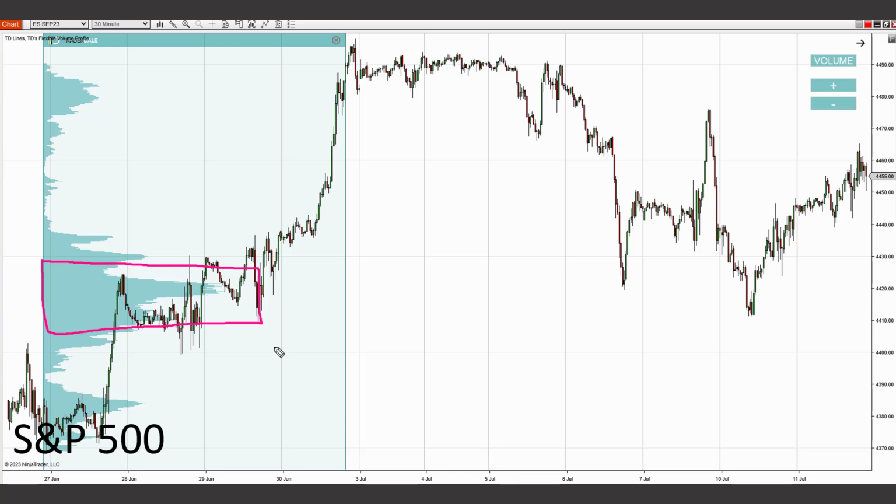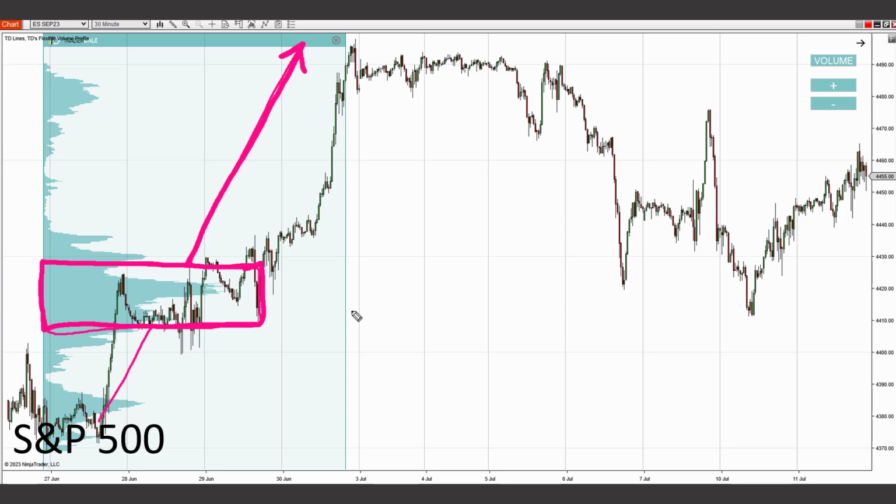But if we read the context, then we can see that there were massive volumes accumulated within an uptrend. This is telling us that strong institutional buyers were adding to their long positions in here and then manipulating the price in this uptrend. So those are strong buyers that show on the volume profile.